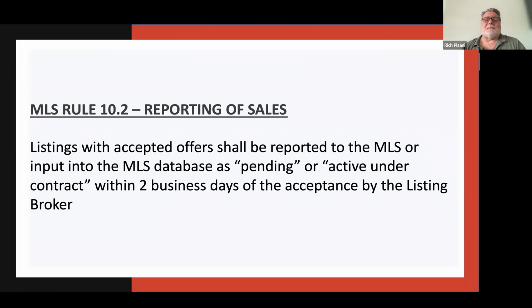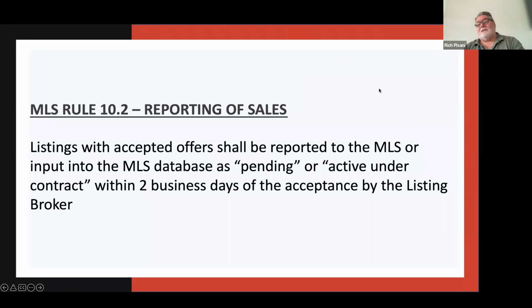Active under contract means that your seller is looking for backup offers and is willing to show the property. Now, if your seller isn't willing to show the property or isn't looking for backup offers, you shouldn't have that listing in active under contract, because guess what?